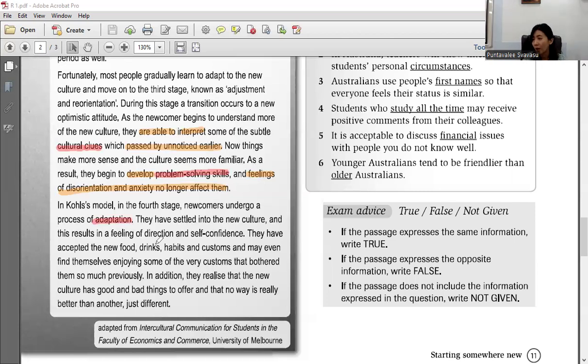We go into detail, but only on the questions and the parts that relate to the answers.